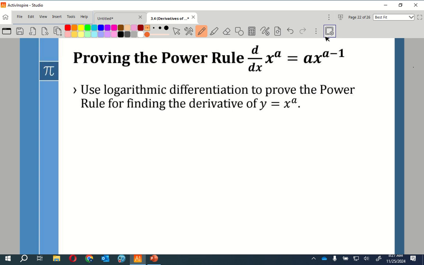Alright. So log rules here. So I'm gonna take this, y equals x to the a, I'm gonna use the log rule. So my log rule says that y equals b to the x is equal to x equals log base b of y.